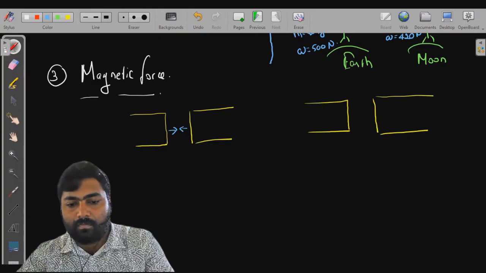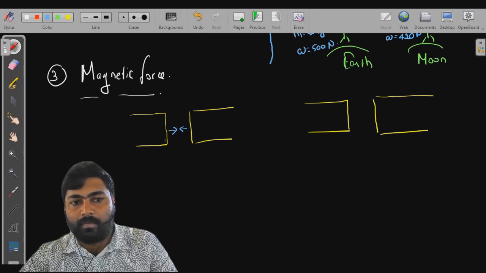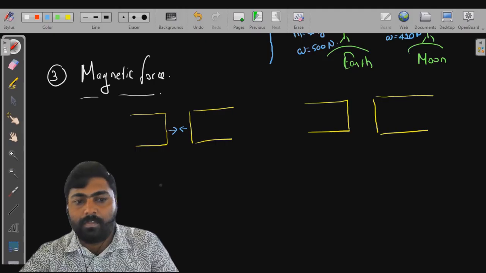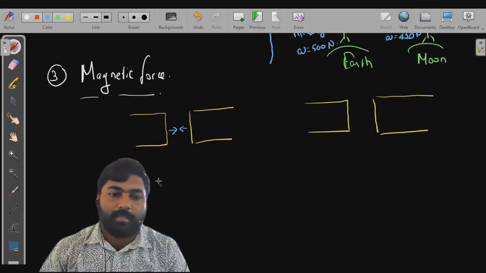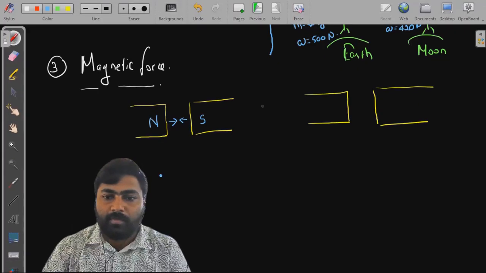Magnetic poles mean it has two poles, north and south poles. So what are the poles which attract each other? North and south. Yes, opposite poles are attracted. Only the opposite poles attract.